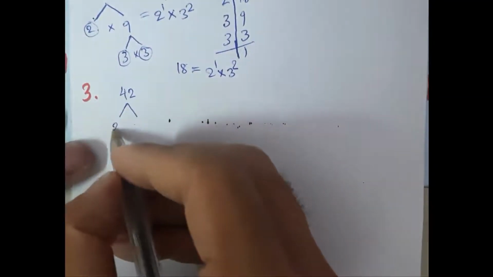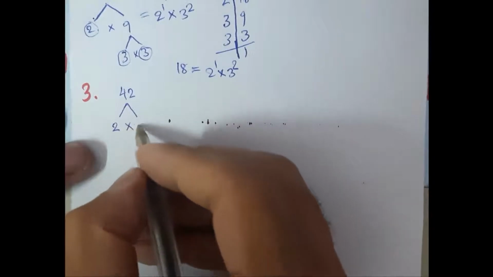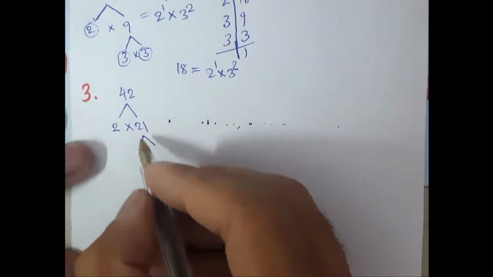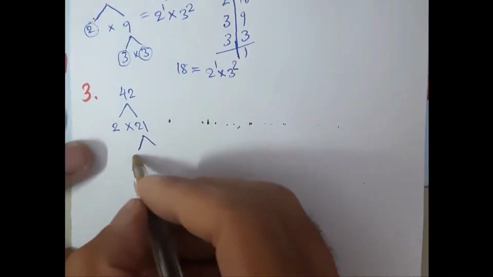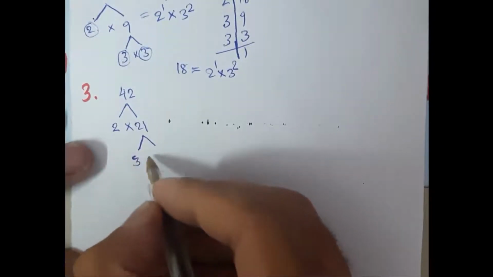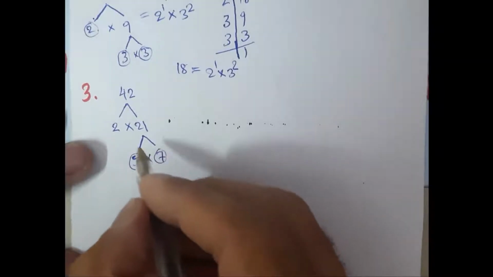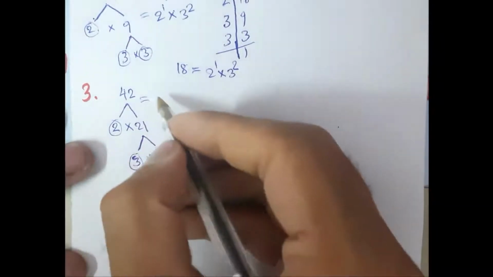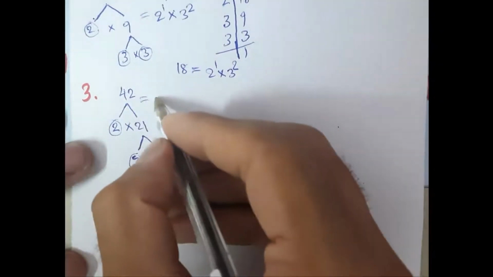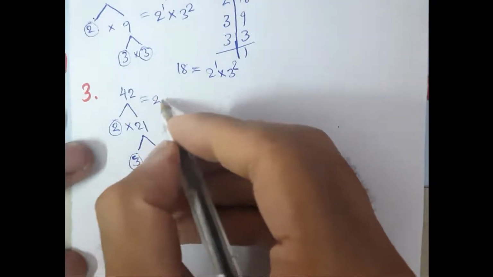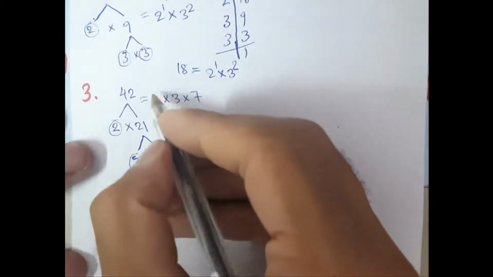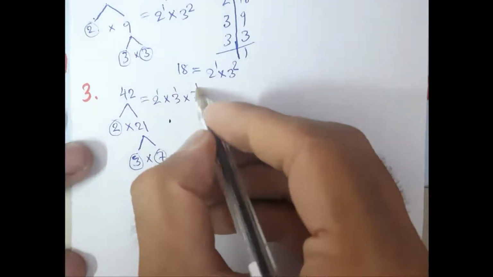It is divided by 2 times 21. 21 is a composite number, so we also change it to prime numbers: 3 times 7. Here 3, 7 and 2 are primes. So 42 changes to the prime factors 2 times 3 times 7. All of them have power 1.